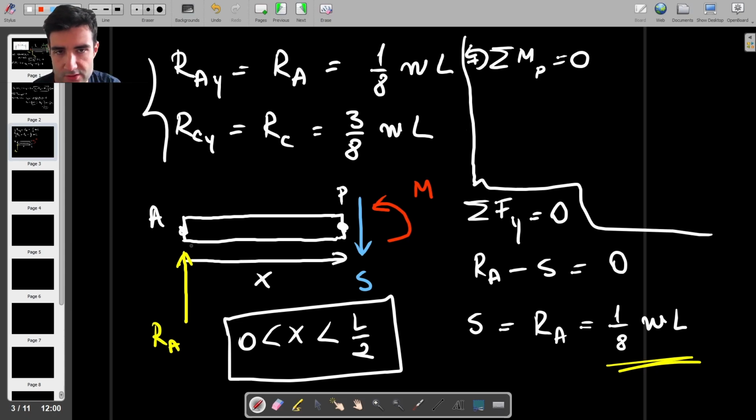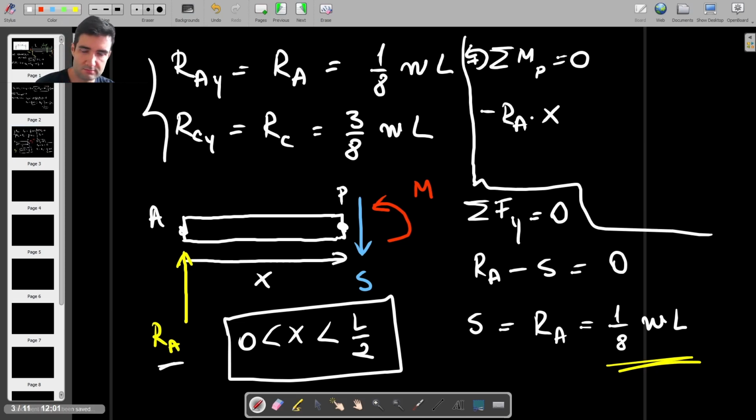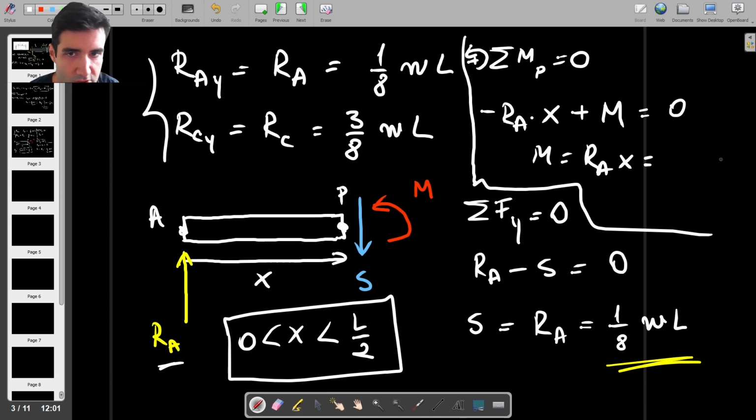So I have, first of all, a clockwise moment, which is minus RA times X, right? Because about point P, this force creates a clockwise moment, and then I have plus M, which is my counterclockwise bending moment, and that's equal to 0. So M is equal to RA X, which is 1 over 8 WL times X. So you can see that the bending moment is not actually constant.